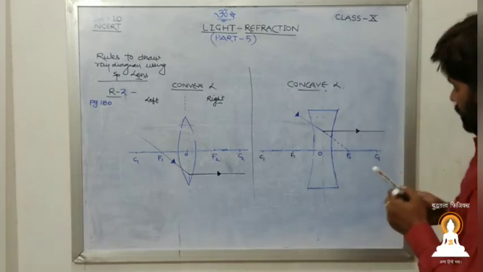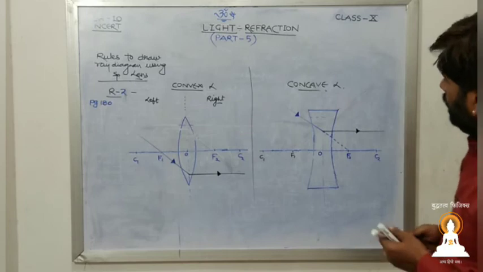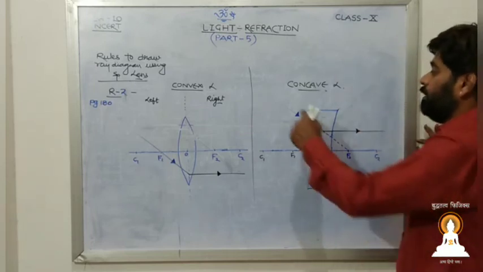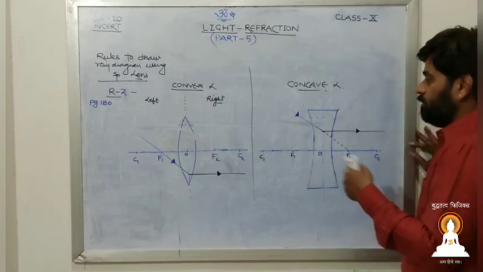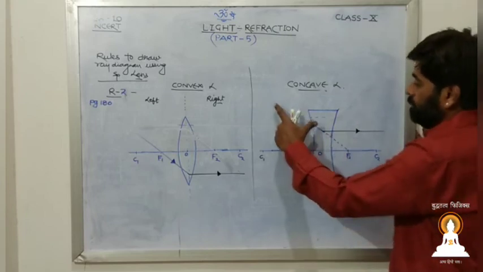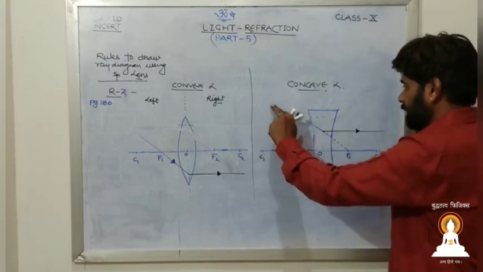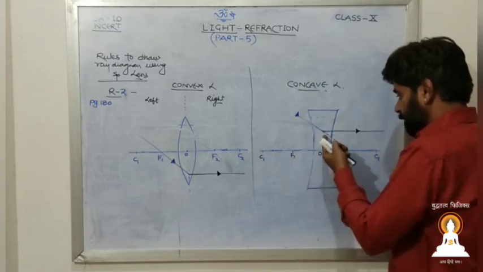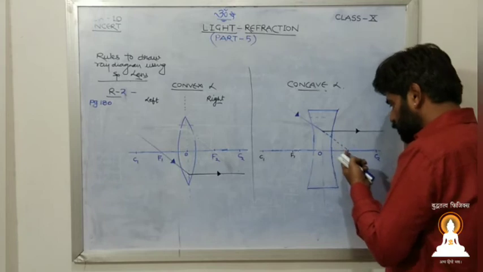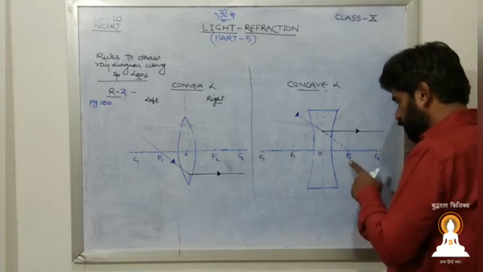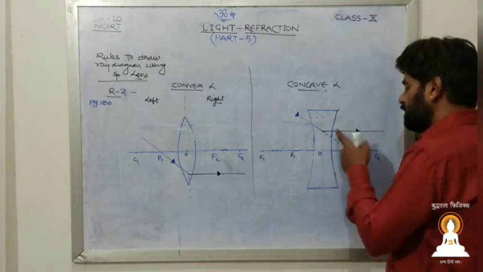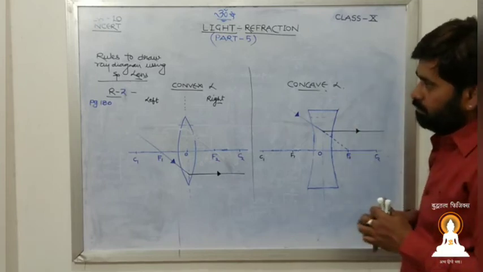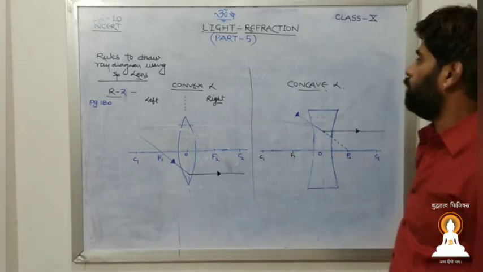You may see the statement in your booklet, but the statement will be: when a ray of light incident on a concave lens appears to move towards f2, focus 2, just after refraction it will be parallel to the principal axis. This was rule number 2.